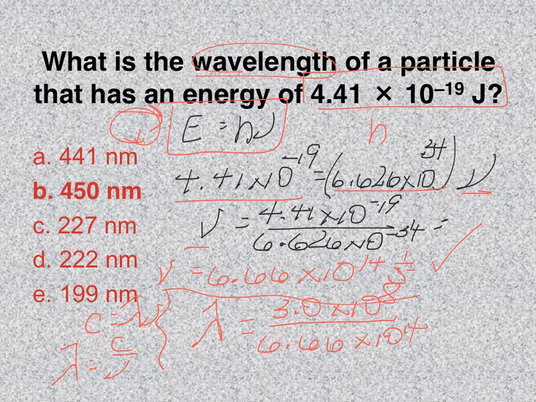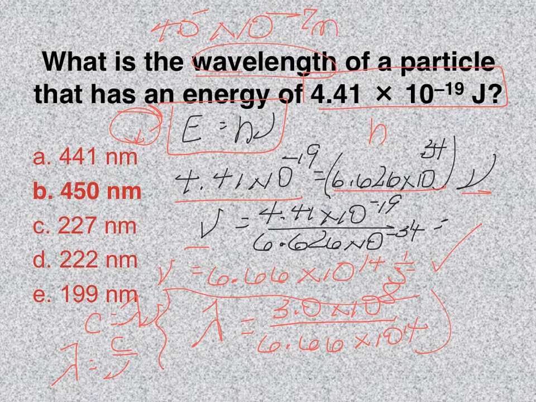Again, please plug this all into your calculator to make sure you're using scientific notation correctly. And when you do so, let me just double check myself. You get an answer of 4.5 times 10 to the minus 7.